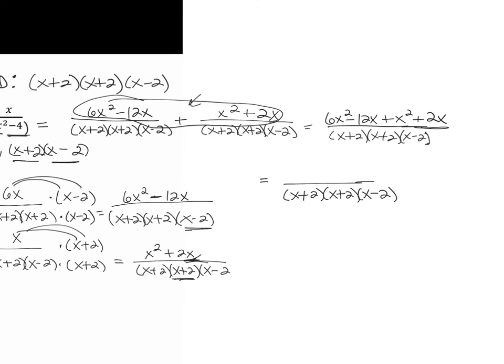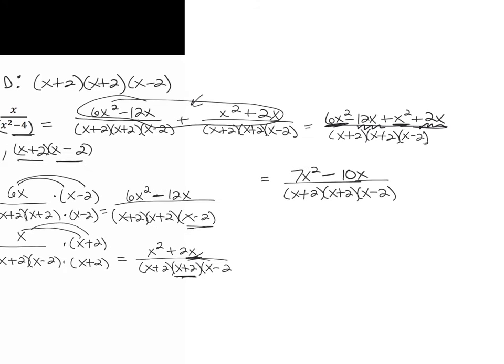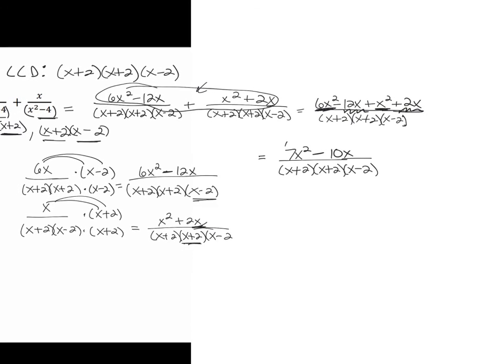Let's see what we can do to simplify the numerator. So like terms, 6x squared plus 1x squared is 7x squared. And negative 12x plus 2x, that's going to be minus 10x altogether. And finally, now we can see if we can simplify by factoring. So there is actually a GCF here. Let's see if it makes any difference.